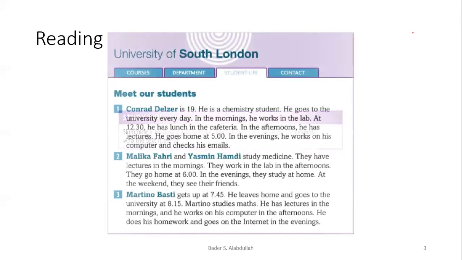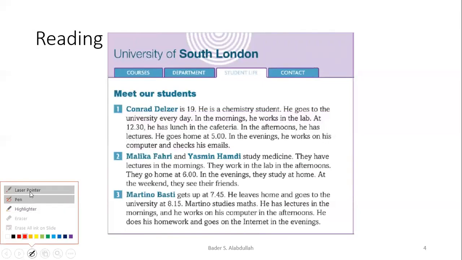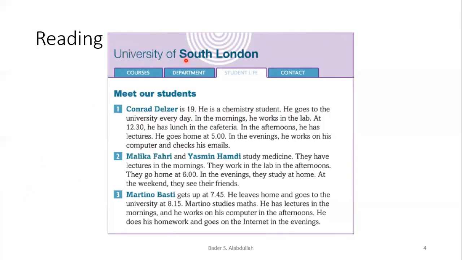So let's take this text as an example. This text is from a university website. Well, how do we know it's from a university website? Because it says University of South London. Let me do this one first. Okay, University of South London here. Okay, it has 4 tabs. One of them is active, which is this one.